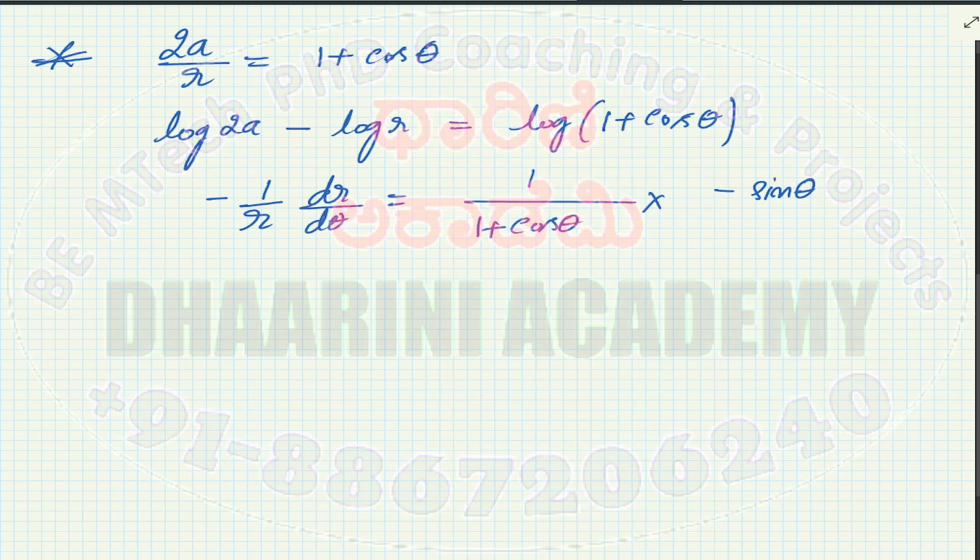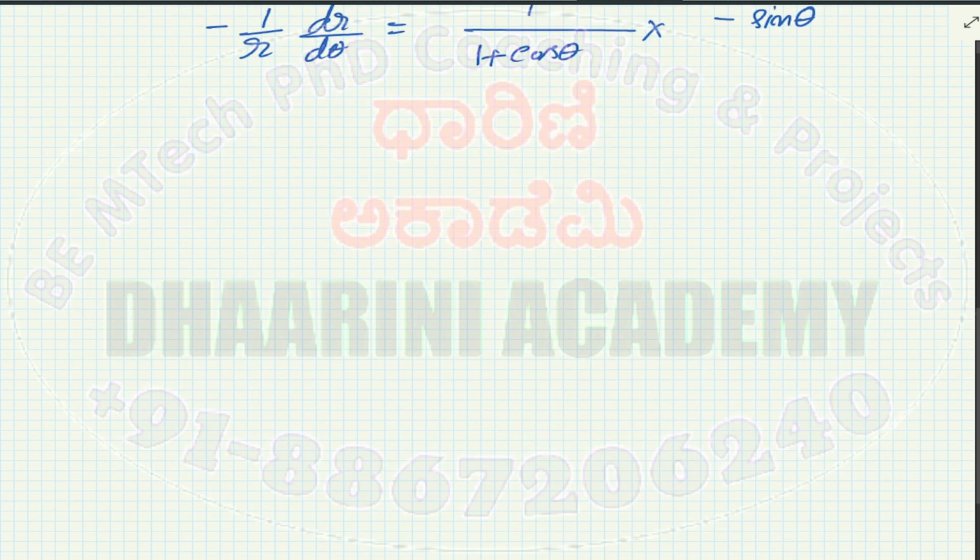Okay, so this is on the left hand side, minus 1 by r dr by d theta. The minus and minus on both sides will cancel. So 1 by r dr by d theta is cot phi.